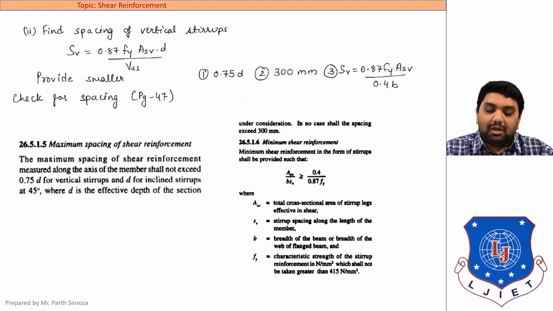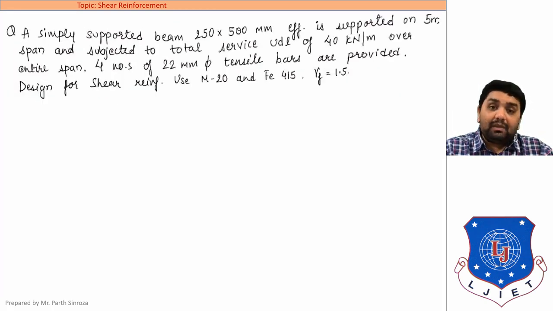Moving on to our sum, the question here is: a simply supported beam, 250 by 500 mm effective cross section, is supported on a 5 meter span. So the span of the beam is given as 5 meter, and it is subjected to a total service UDL.